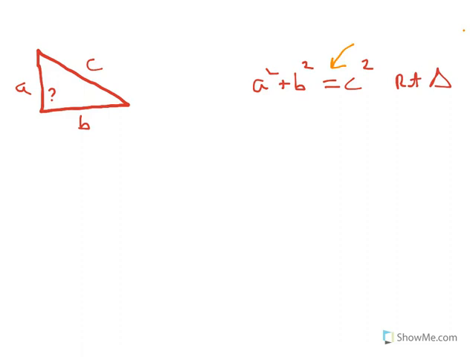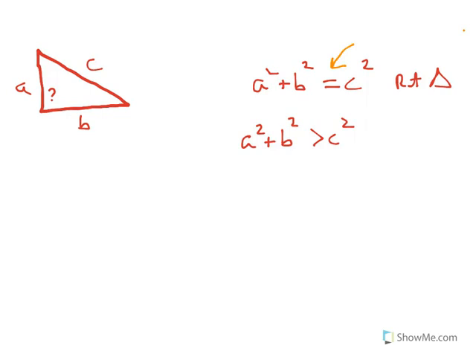If when you try to work it out, a squared plus b squared works out to be greater than the potential hypotenuse squared, then this is telling you that your hypotenuse value, your c value, is a little bit smaller than what it needs to be.